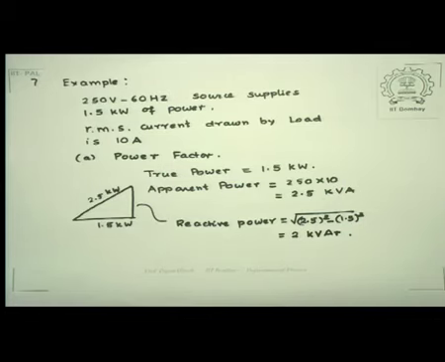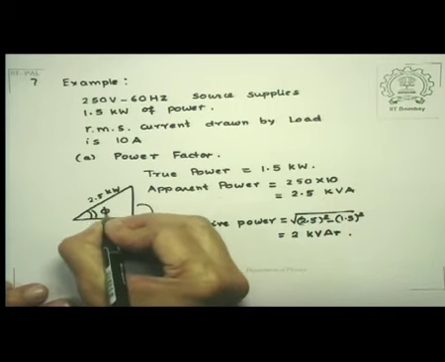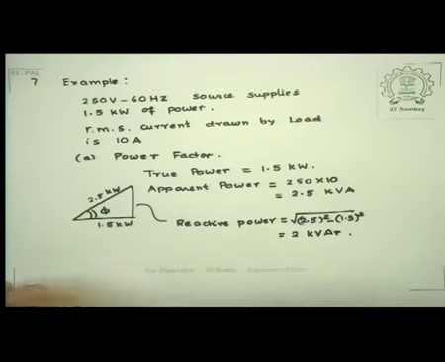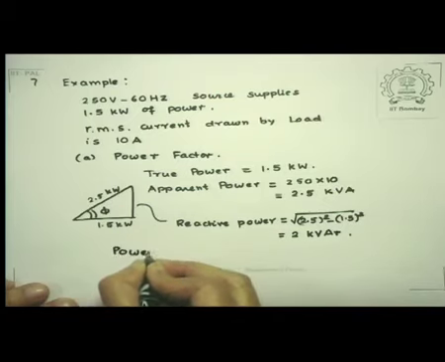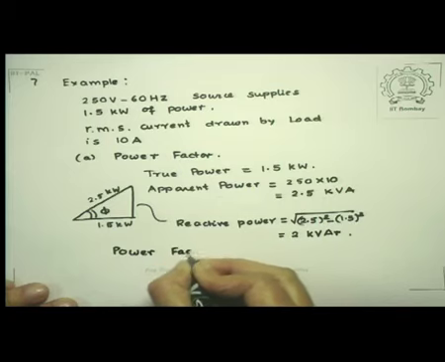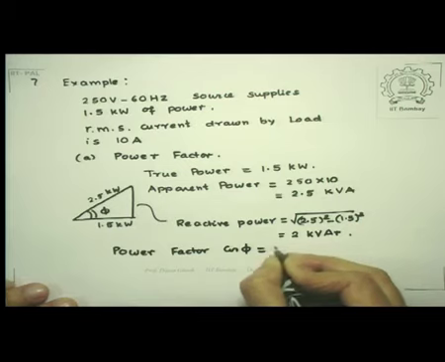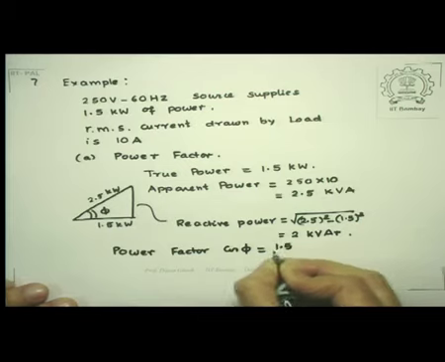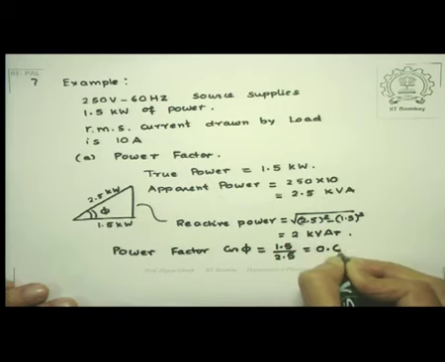Okay, so this angle is phi. So therefore my power factor, which is cosine of phi, works out to 1.5 divided by 2.5, and that's simply equal to 0.6.